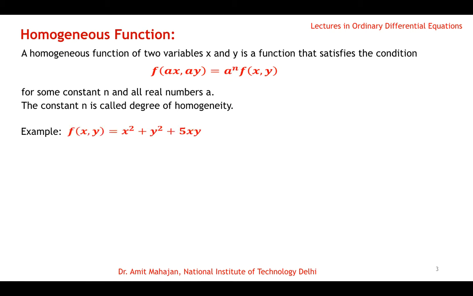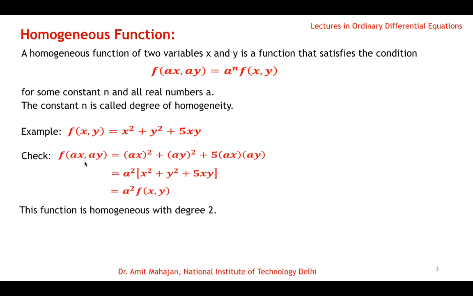Say for example, if you are given a function f(x, y) equal to x^2 + y^2 + 5xy, to check whether it's a homogeneous function or not, we will calculate f(ax, ay). Wherever x, we will put ax, wherever y we will put ay.